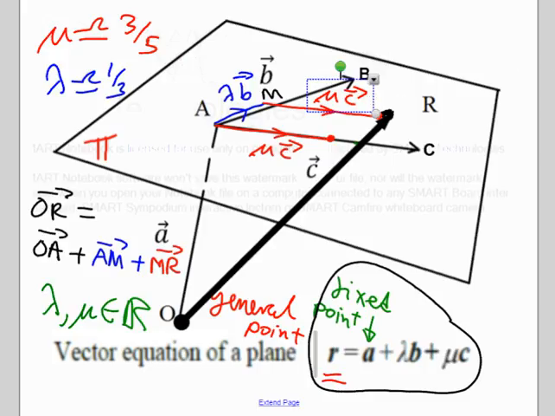I hope you can see that the position vector of R is the resultant of OA plus AM plus MR, shown here.